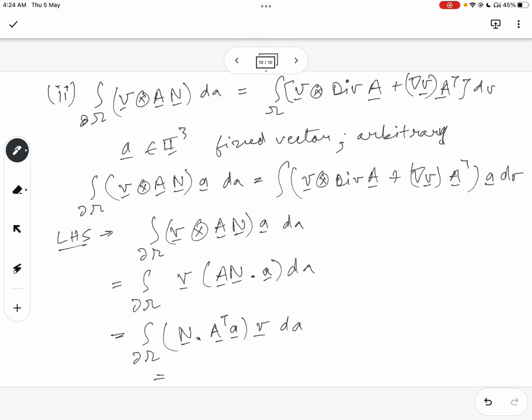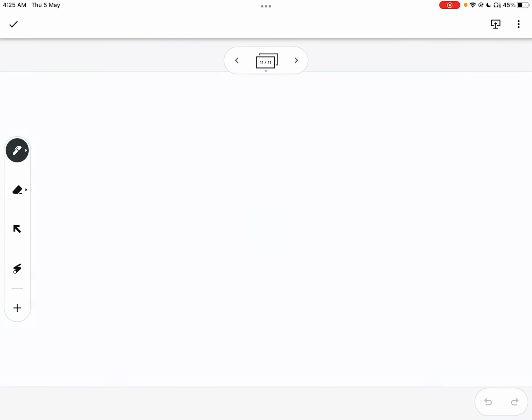This can be written, by taking the A transpose a dot n on v, as v diadic A transpose a, n dA. Now, using the divergence theorem, this becomes the divergence of v diadic A transpose a, volume integral over omega.